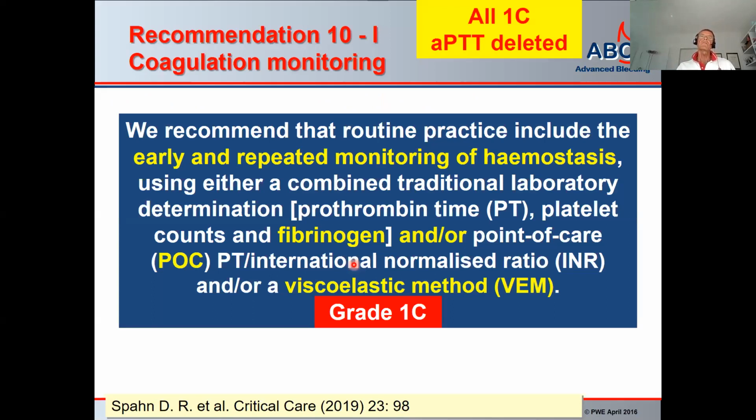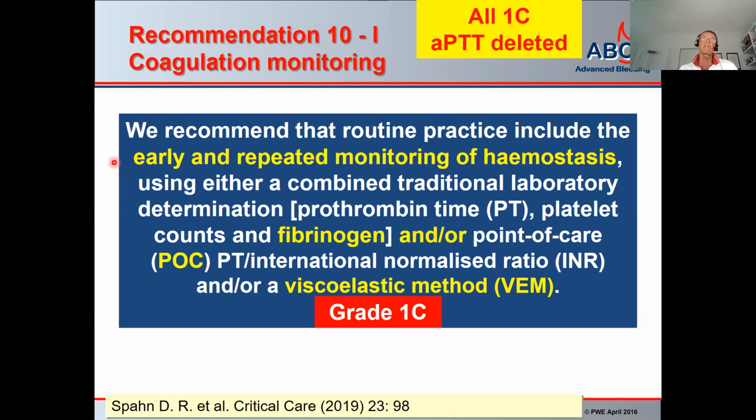So first of all, regarding coagulation monitoring, what to measure, we clearly recommend that routine practice include the early and repeated monitoring of hemostasis using a combination of traditional laboratory or point-of-care viscoelastic methods. Now, very important, it's early and repeated.